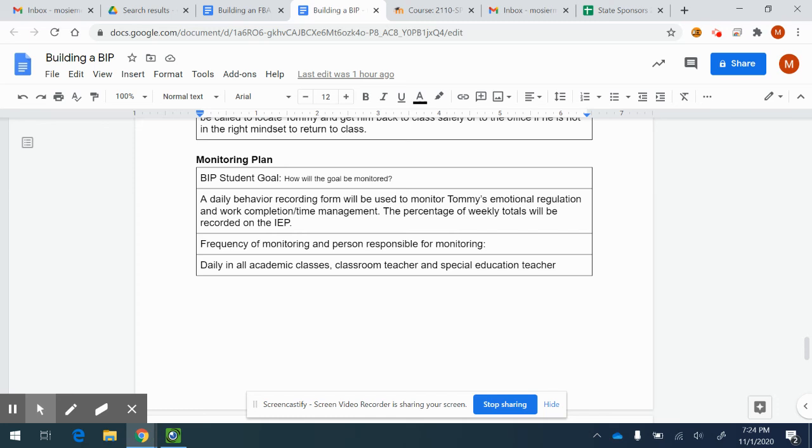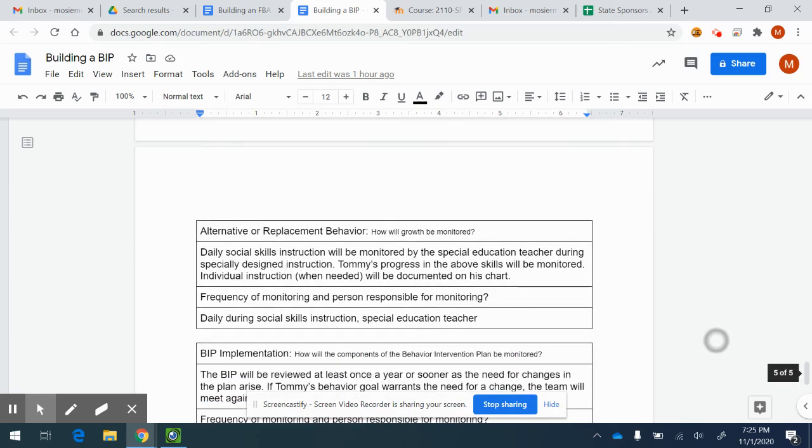And then the special education teacher's job, which would be me, my job would be to make sure that data is collected every week, that I average it, and I get it on the IEP. I will also be monitoring him during the social skills instruction since that instruction will come directly from me.